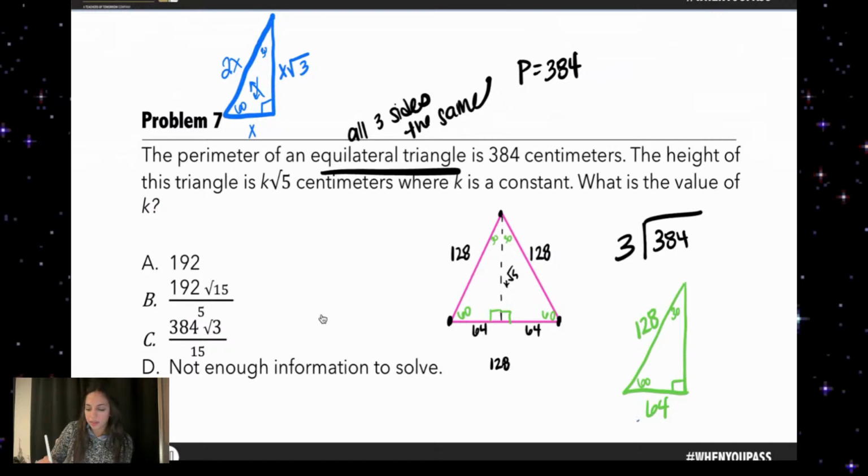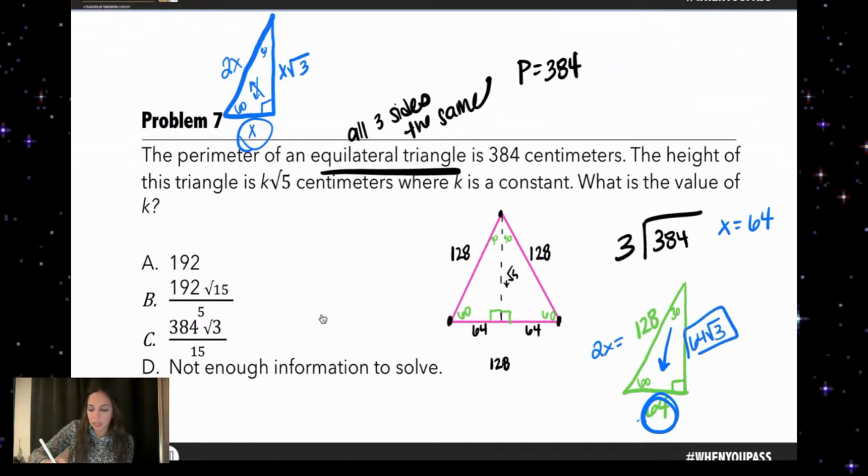So if 2x equals 128, then x equals 64, and x square roots of 3 would be 64 square roots of 3. That is what this side is.